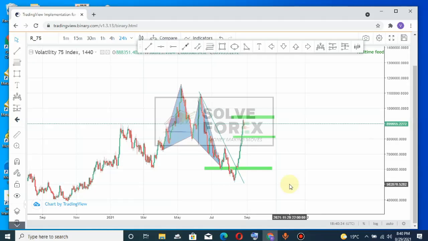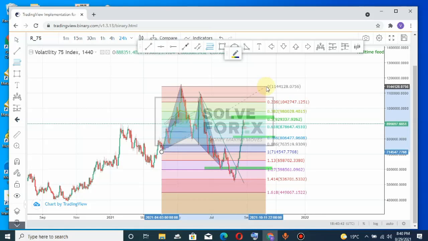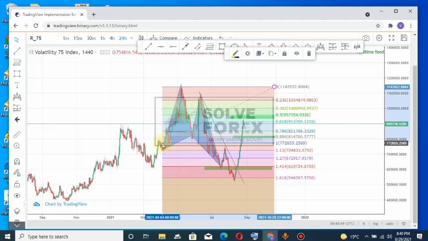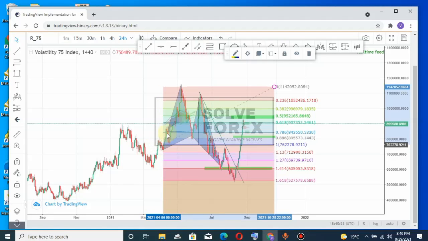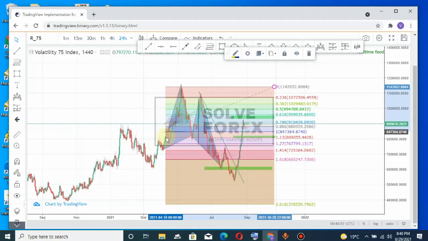And you can see, guys, I also spotted a crab, what we call a deep crab pattern. If you didn't take this as a butterfly, you could have also taken it as a deep crab. I'm gonna show you guys what I saw there. I said, guys, on the last video, you can take whatever impulse that can work for you on these impulses that are going up here.